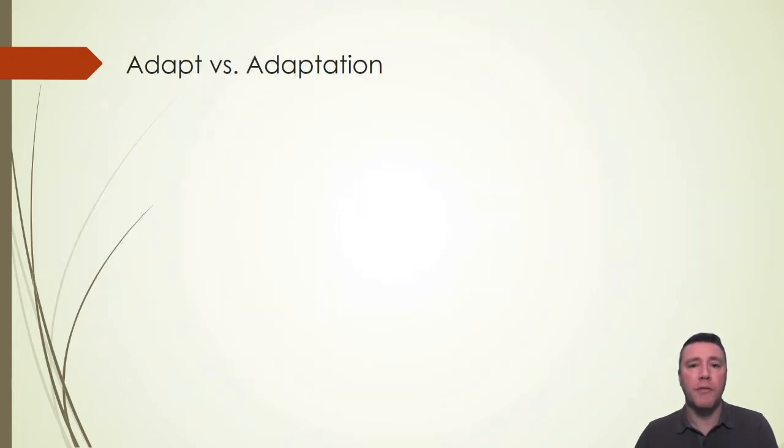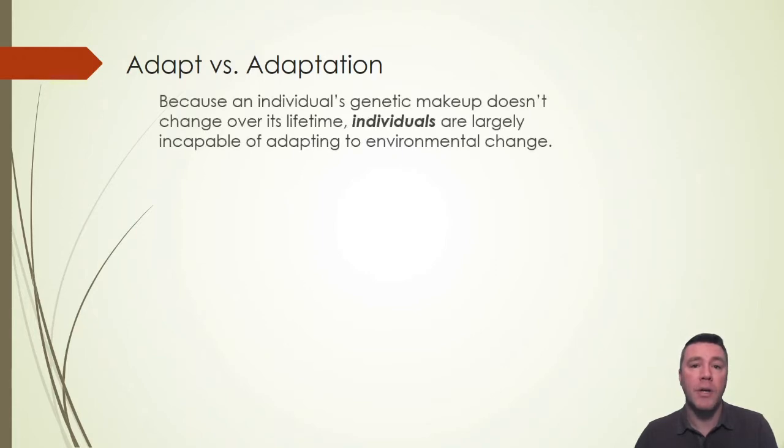With the exception of mutations that organisms accumulate throughout their life, the genetic information an individual has doesn't change as it ages. Actually, even those mutations don't fundamentally change an organism's anatomical characteristics or its physiological functions. This means that individuals are largely incapable of changing their very nature if and when environmental conditions change.